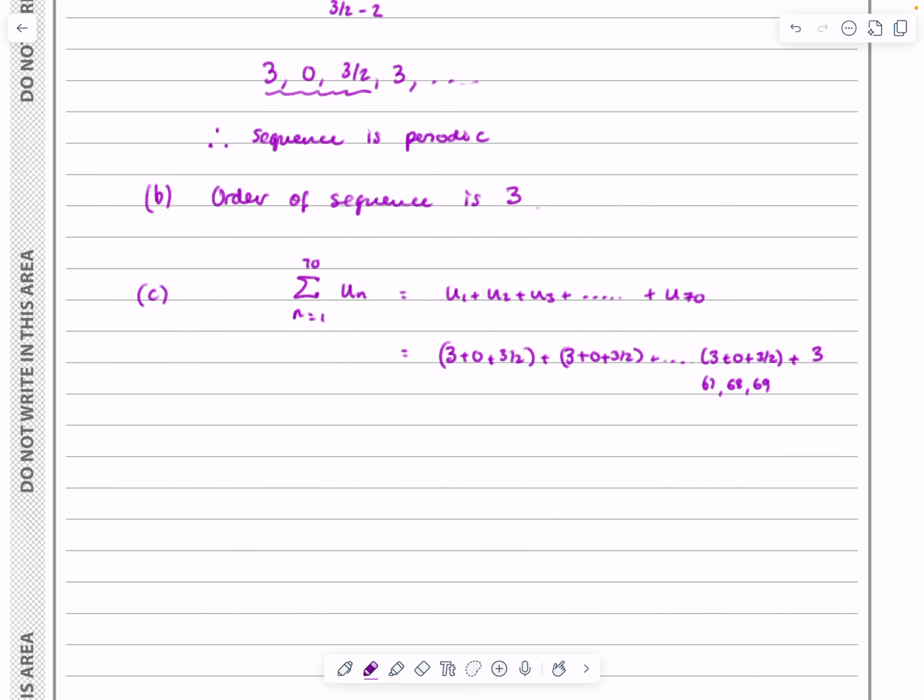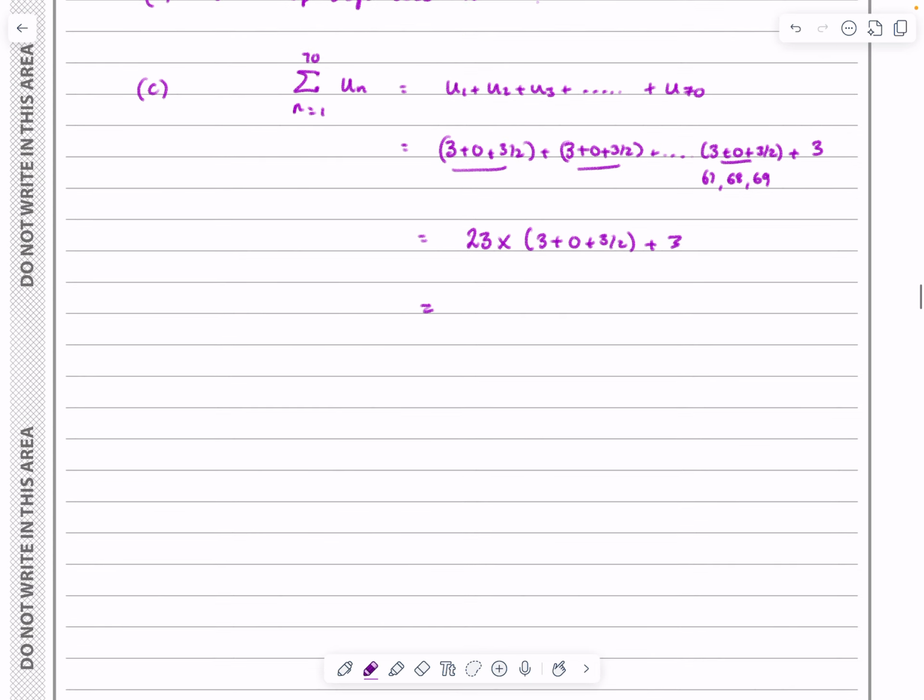Okay, how many lots of those are we going to have? Well, if I've got 69 terms there, 69 divided by 3, it's 23 lots of 3 plus 0 plus 3 over 2, plus our 3.